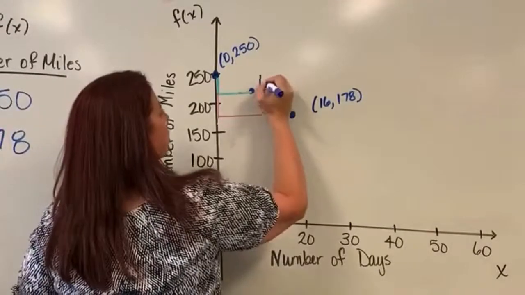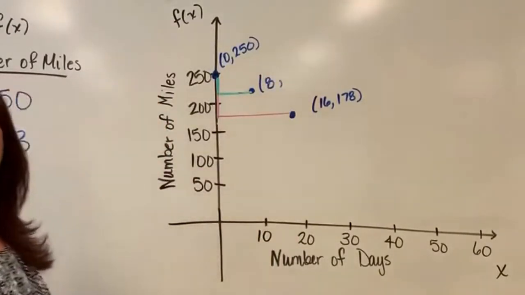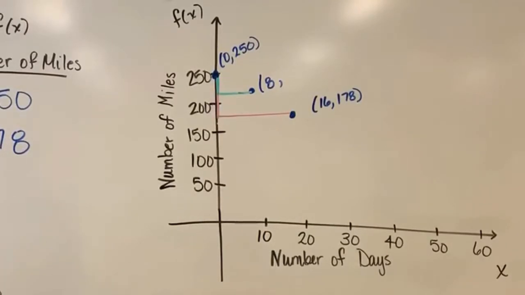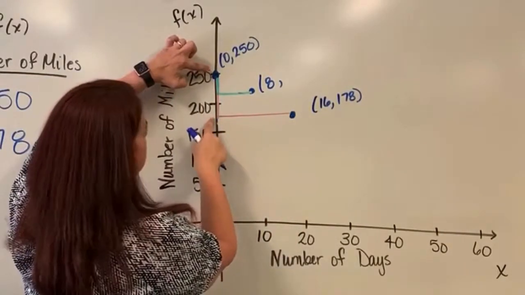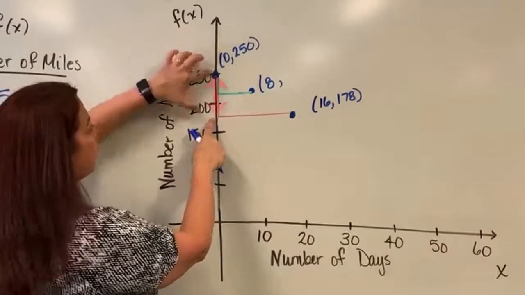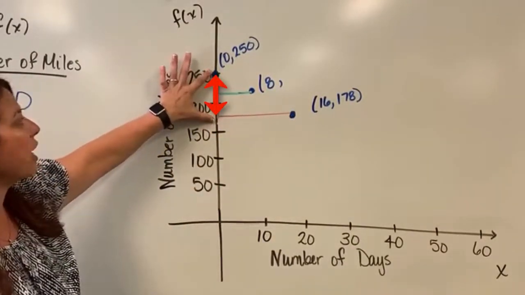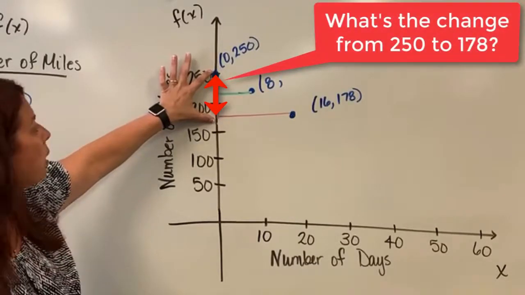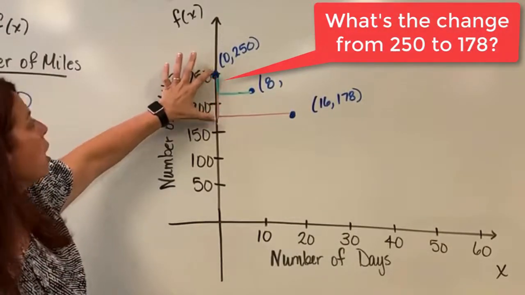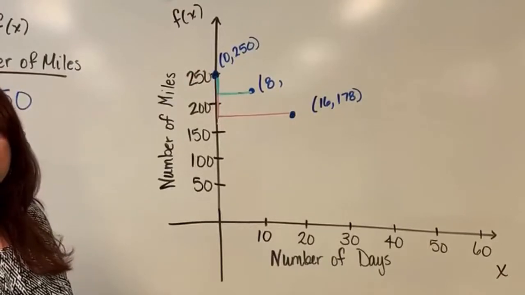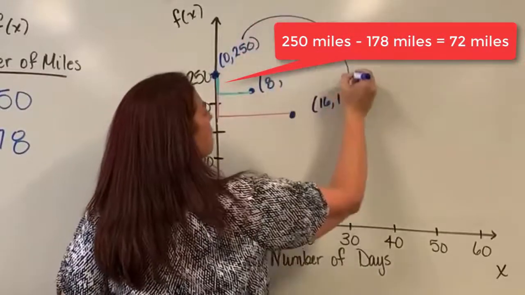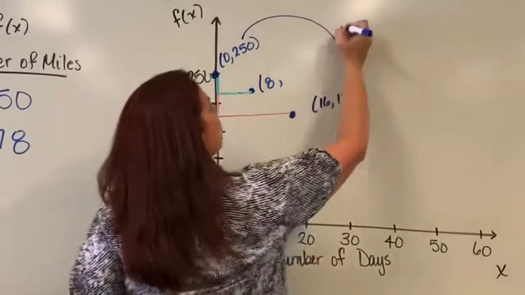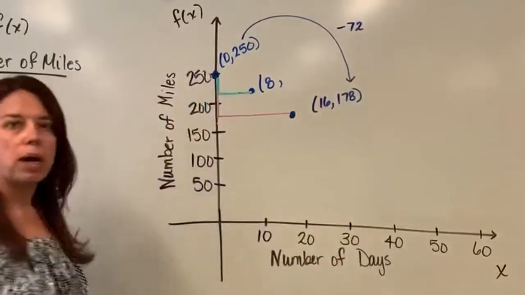Let's consider this. We know that 8 days have elapsed, but we want to know the number of miles left in this Tesla Model 3 after those 8 days. If we know that after 16 days I have 178 miles, and I started at 250, all I need to do is find the change from 250 to 178. If you do that subtraction, you end up with a 72 mile difference over those 16 days. From 250 to 178, we had to subtract off 72 miles.